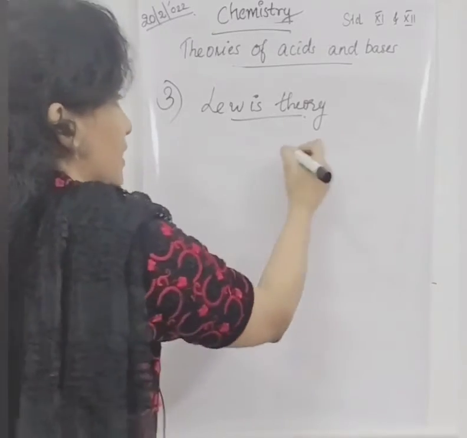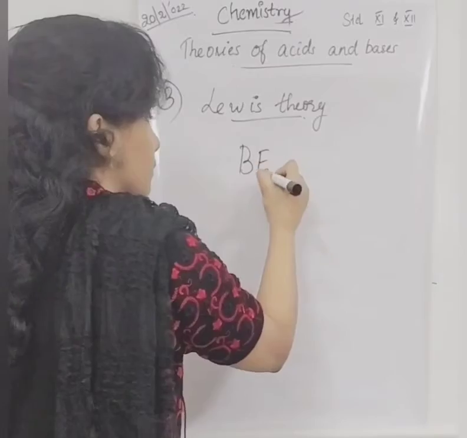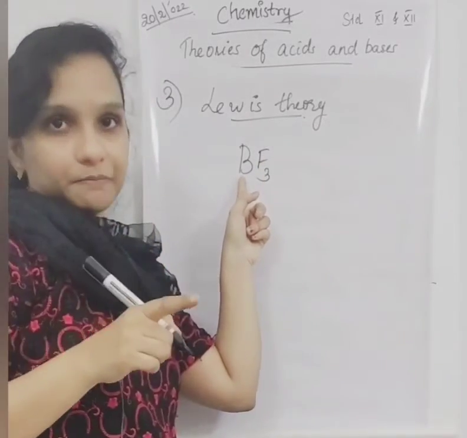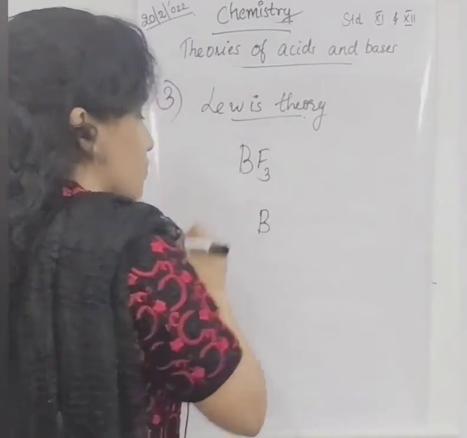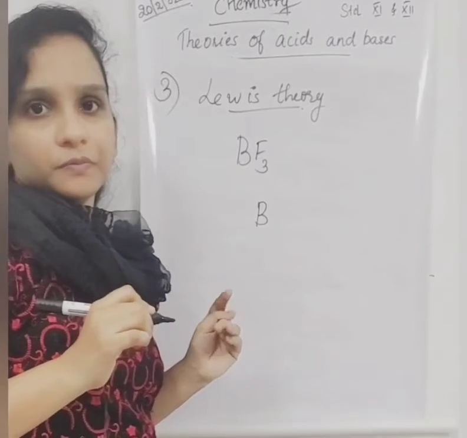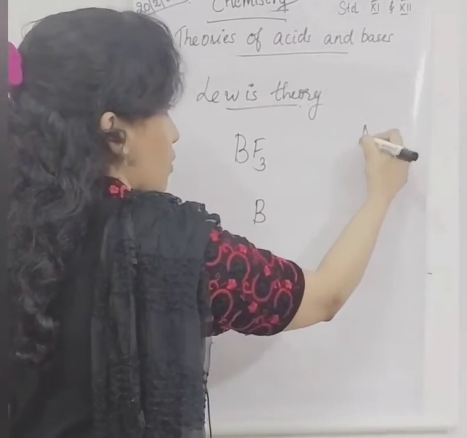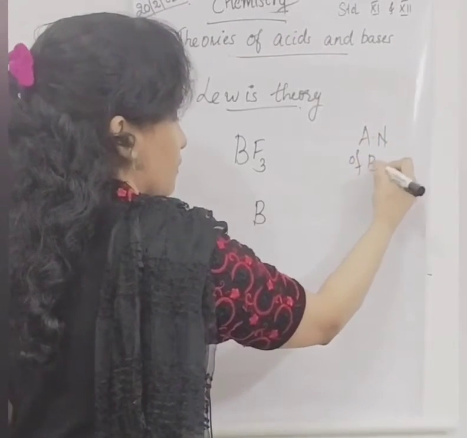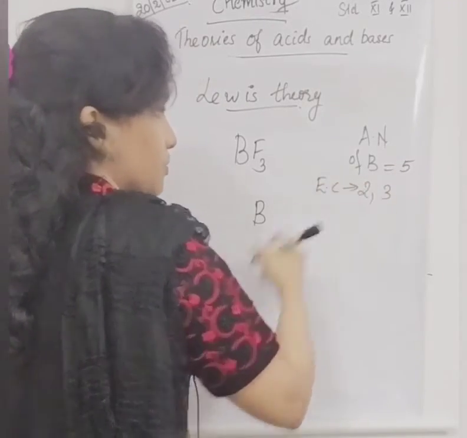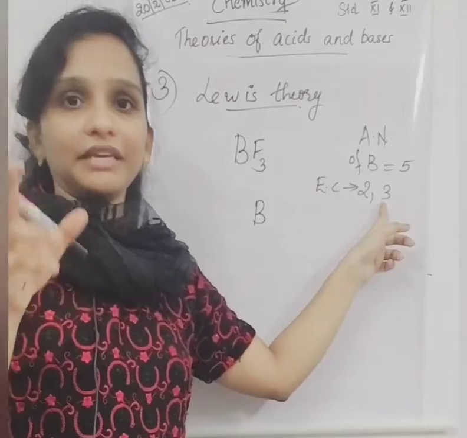Let's see one example, that is the BF3 molecule. Boron is the central atom. What is the atomic number of boron? Atomic number of boron is 5. So what will be the electronic configuration? 2, 3. So the valence electrons will be 3.